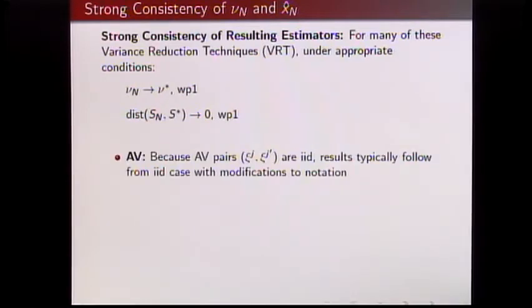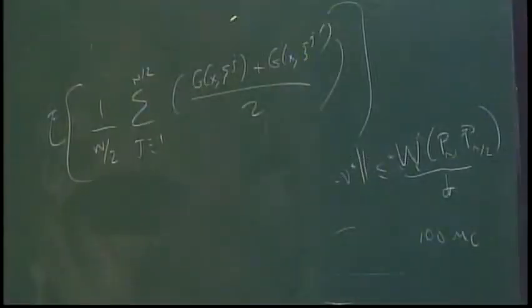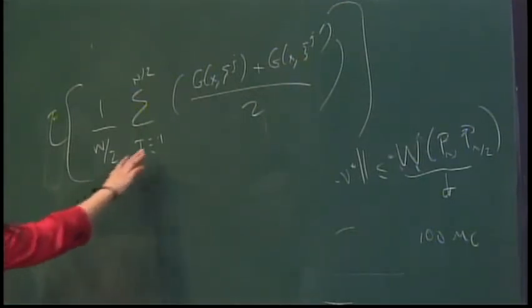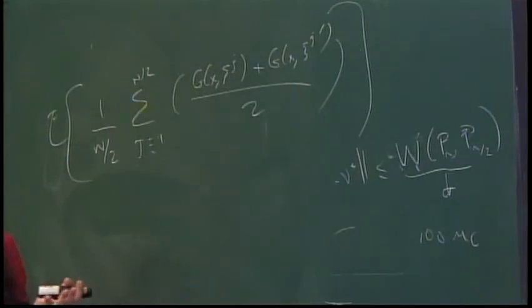So what happens when we go from crude Monte Carlo to one of these variance reduction schemes? All right, so AV is always easy to deal with. Why? Once you do the pairs, and you change your random variables to this plus the antithetic variate divided by 2, then each one of these n over 2 pairs are independent, identically distributed.